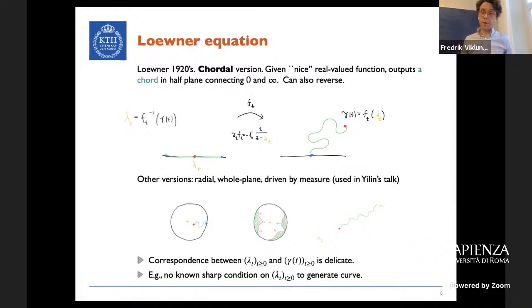For example, in the case of Brownian motion, there's no, at least to me, known condition that you can check that the Brownian trajectory satisfies almost surely that would guarantee that you get a curve from the Loewner equation. In order to prove that the SLE curve is indeed a curve, you have to work with this family of conformal maps and do estimates on that and so on and so forth. Okay, so that's the Loewner equation. So this sets up a correspondence between these continuous functions and curves.